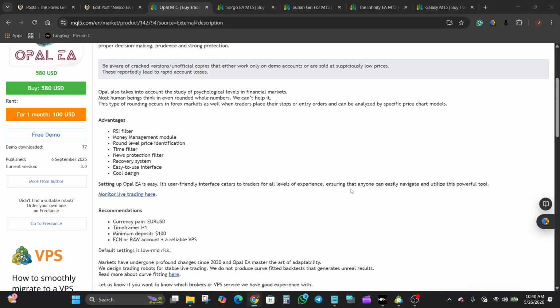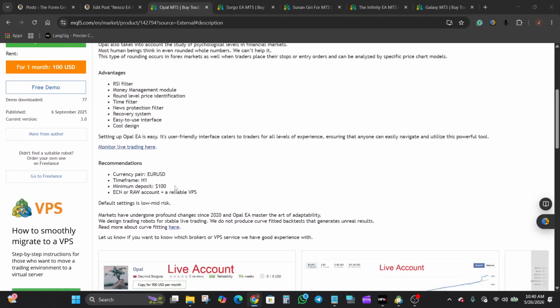Now, before moving into testing, the recommended settings here include Euro USD on the H1 time frame with a minimum deposit of $100. They also suggest using an ECN or raw spread account and a reliable VPS with default settings leaning toward low to mid risk.